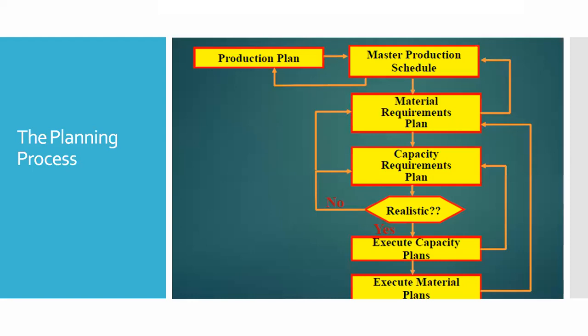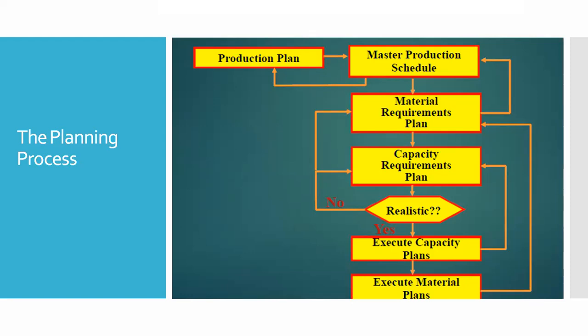Now what is the planning process? The planning process includes the production plan, which includes the master production schedule, where all your production process is covered: what you are doing, want to do, and how you are going to do it.